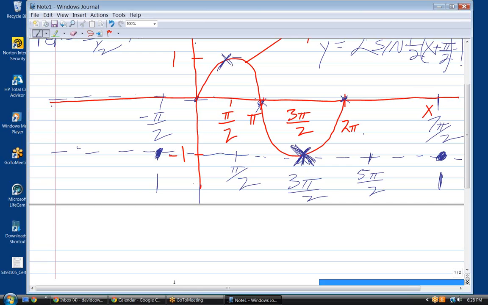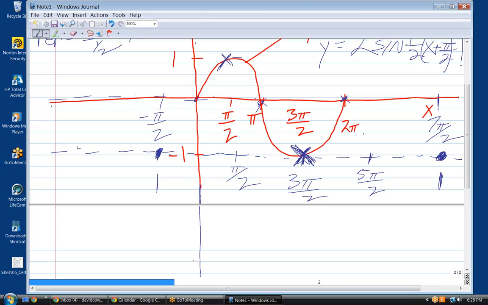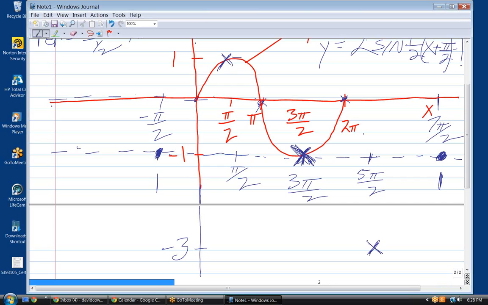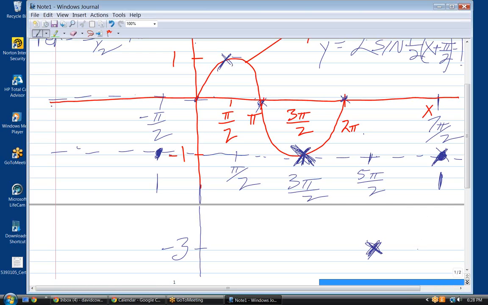I'm going to go all the way down to what at my bottom? -3. So I've got to get down by the 5 pi over 2, I got to get down to here. And then by 7 pi over 2, I got to get back to there. Now it's just a question of connecting the dots.